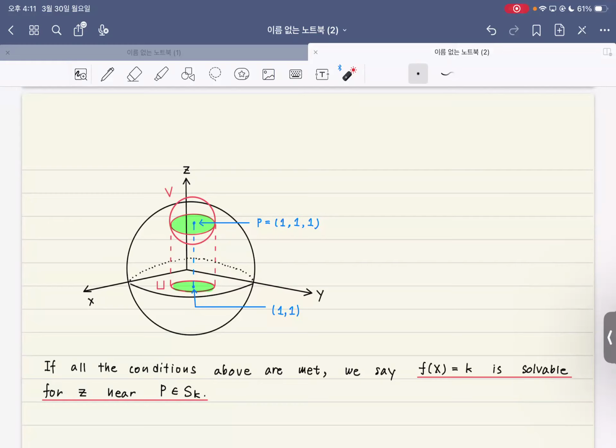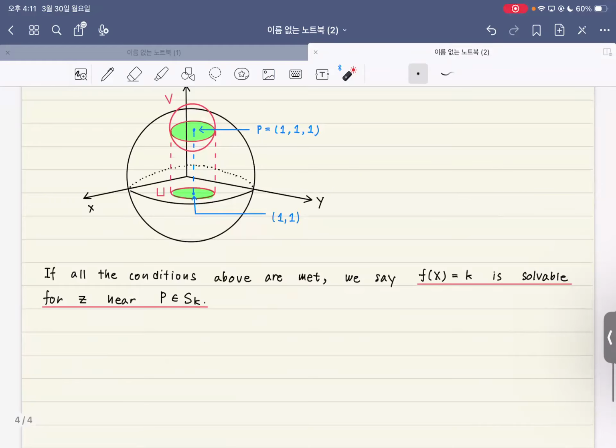Solving for z near any point in the level set, is that possible? The answer is no. Why? So this is the question.